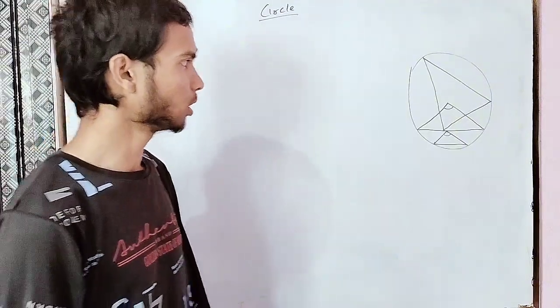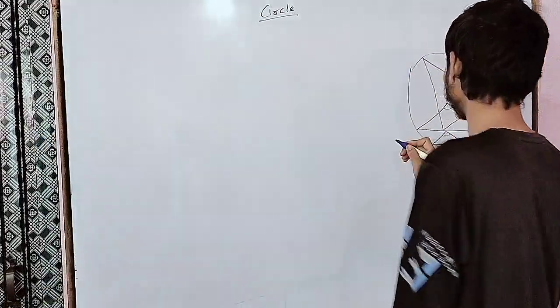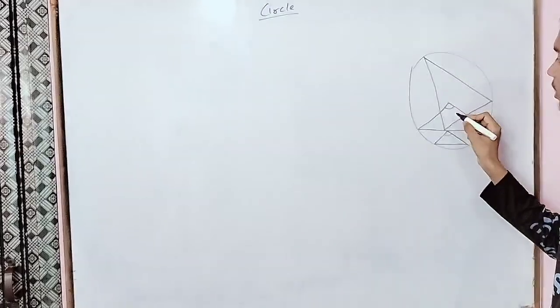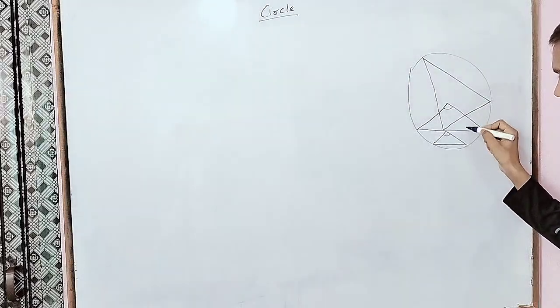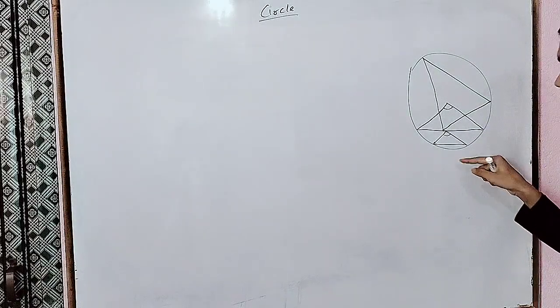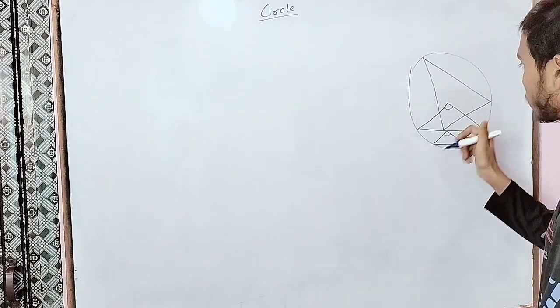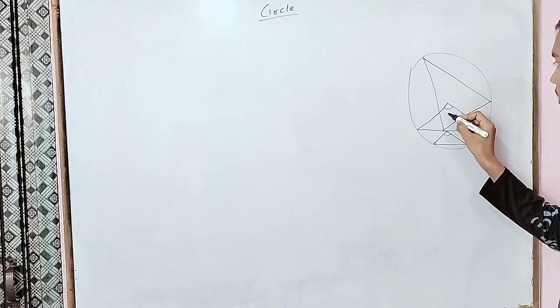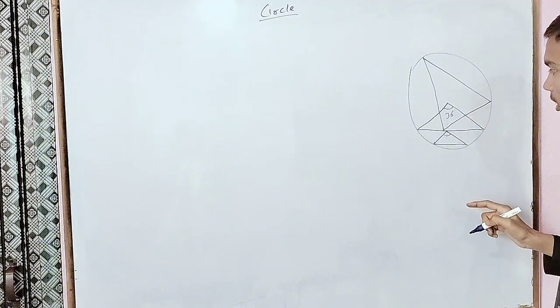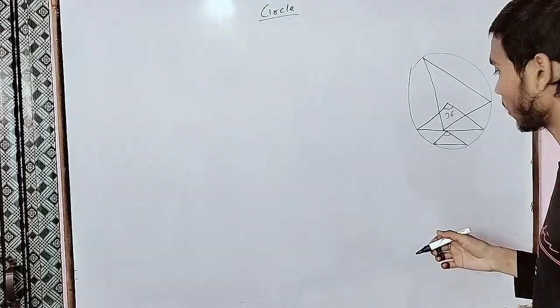Okay, from here I want to discuss that, let's say the angle of this triangle coming in the minor sector is 36.